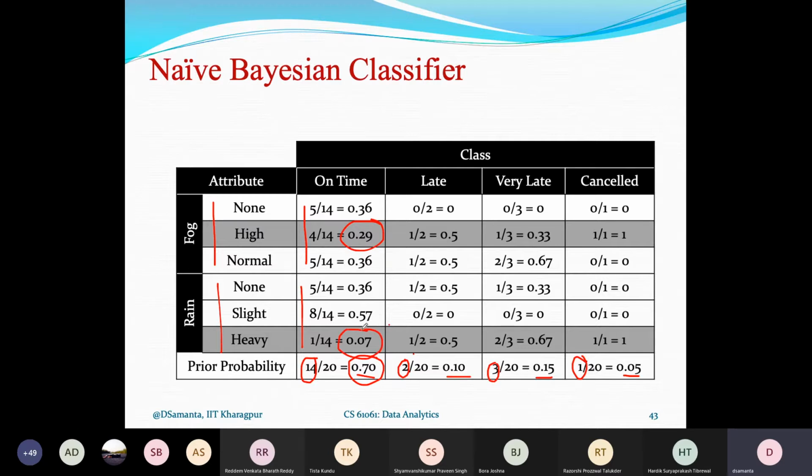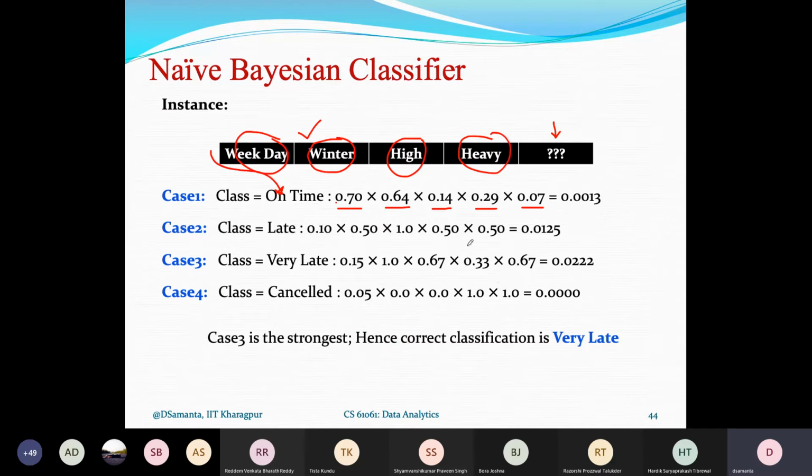So these are the posterior probabilities used to calculate this one. This gives the class probability, that means the probability that this record belongs to the class on time is 0.0013. Similarly, the probability that this record belongs to the class late can also be calculated.